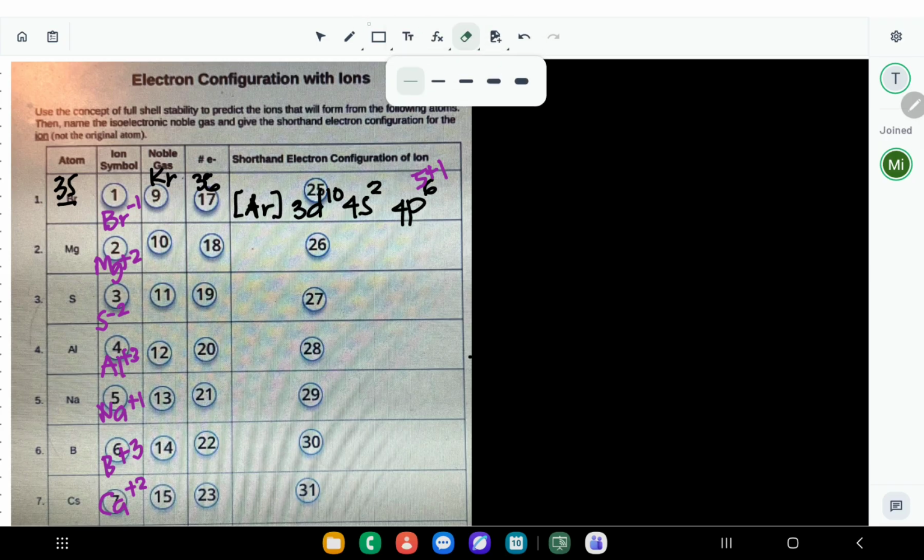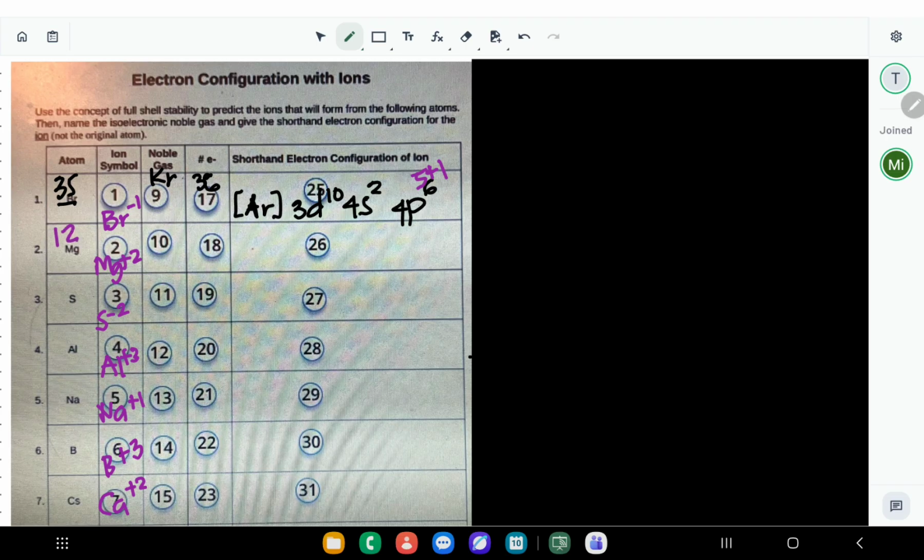Got that? Okay, so magnesium is a cation, so the charge is +2, which means it loses 2 electrons from the outermost orbital. So we subtract. What is the atomic number of magnesium? 12.